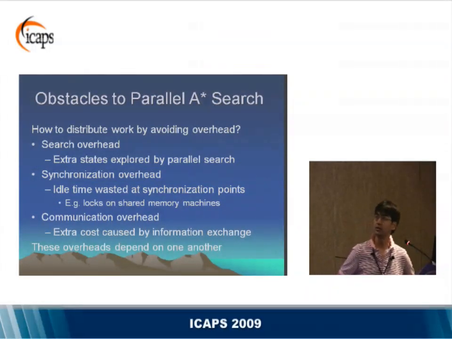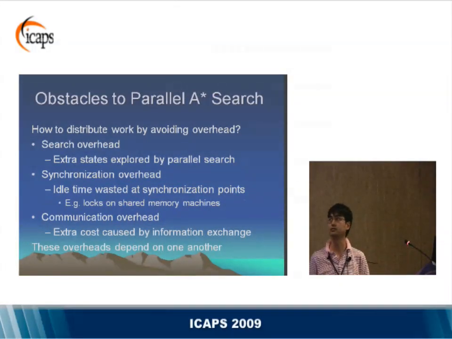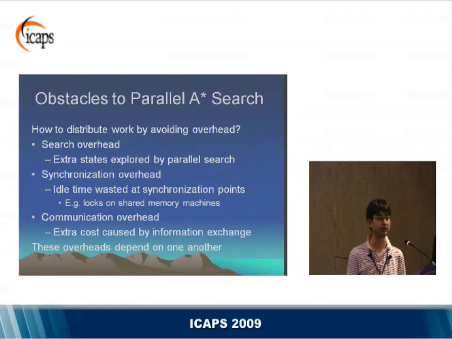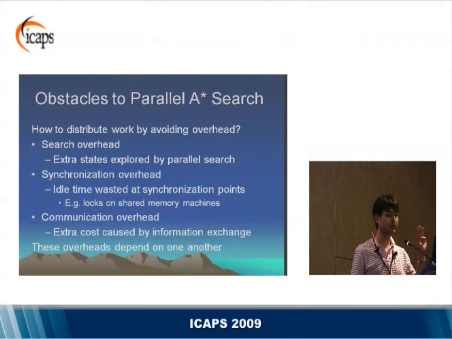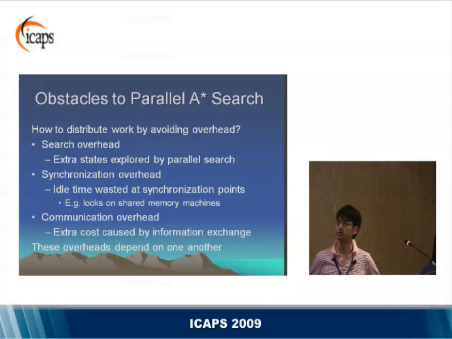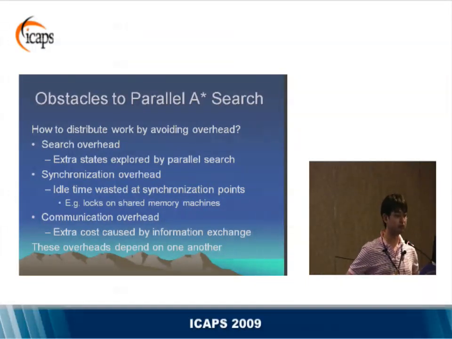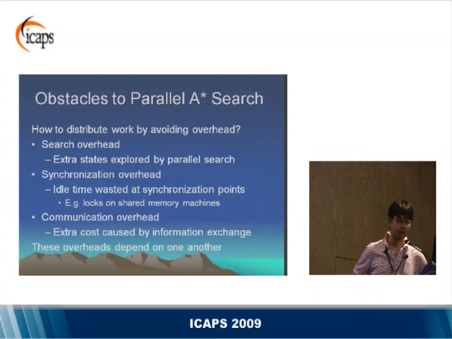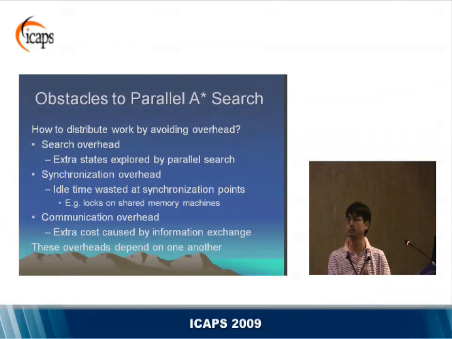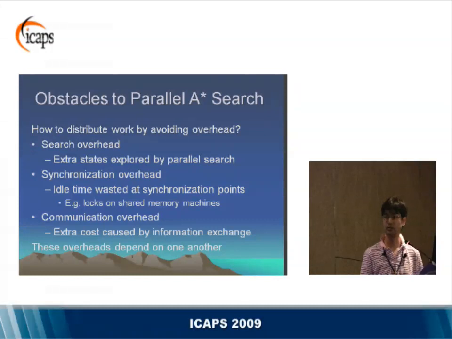However, there's no free lunch. The difficulty is how to distribute work while avoiding the severe overhead that happens only in parallel search. There are mainly three kinds of overhead that happen in parallel search. One is called search overhead, which is the ratio of extra states that are not explored by sequential search but explored by parallel search. Another is called synchronization overhead, which is idle time wasted at the synchronization points, including the locks on shared memory machines.